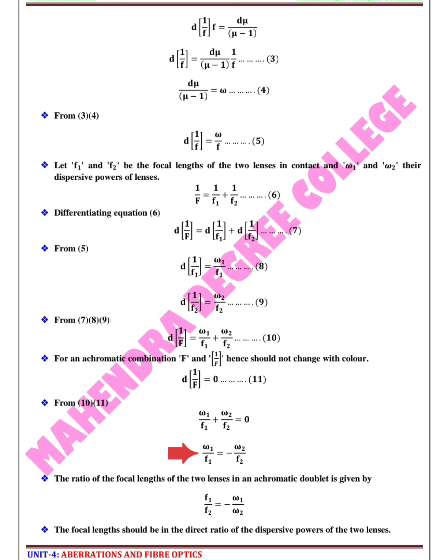Rearrange the above equation: plus omega 2 by f2 on the left hand side converts to minus omega 2 by f2 on the right hand side.